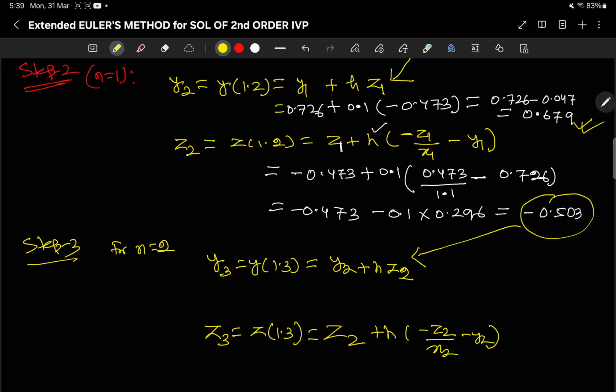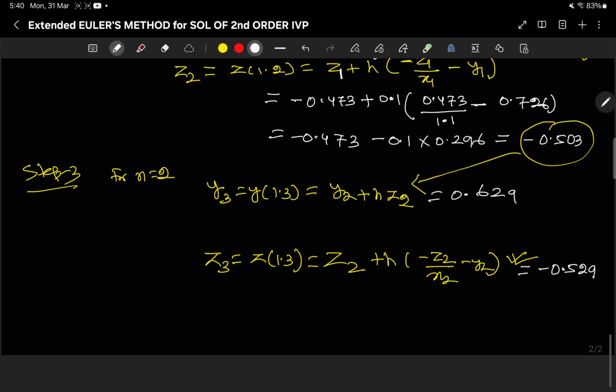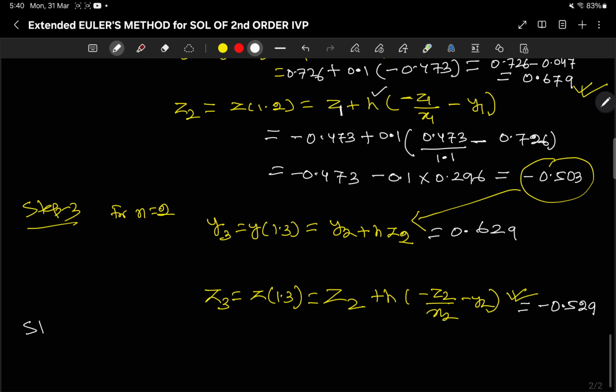If I simplify it, I will get y3 as 0.629, and z3 as minus 0.529.